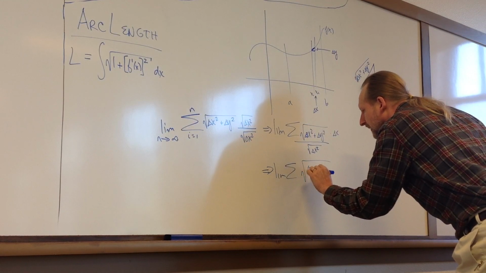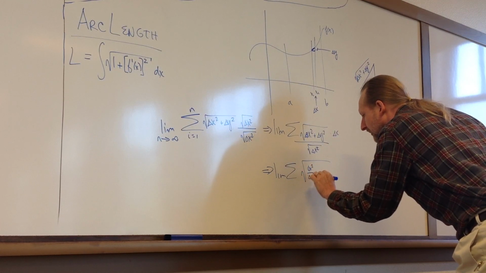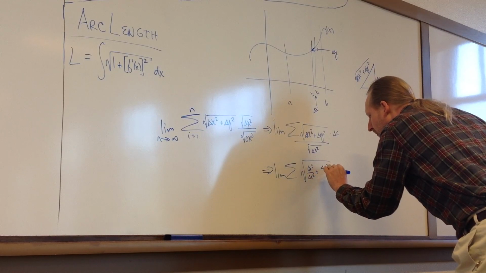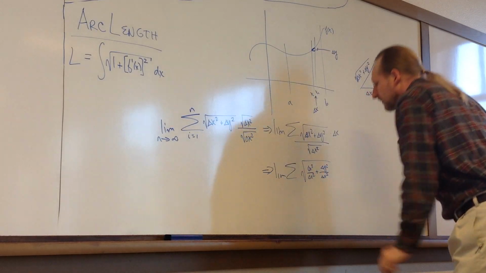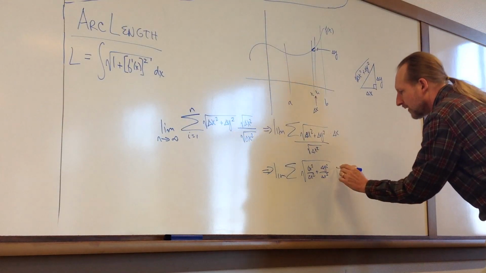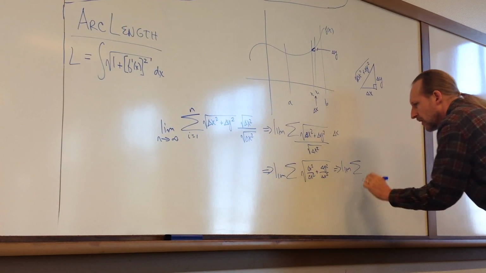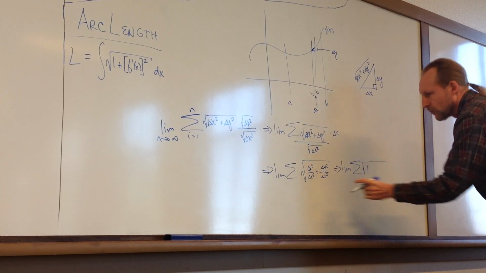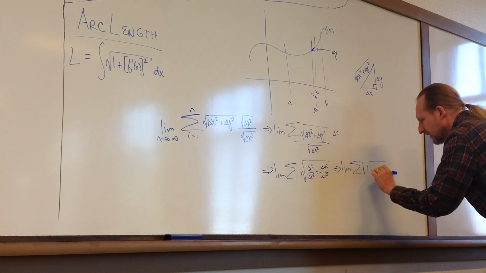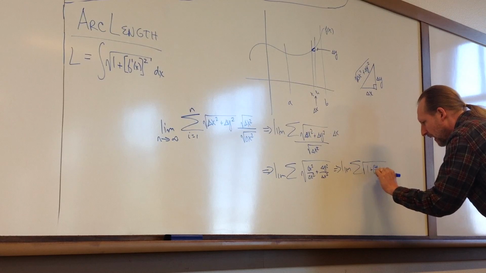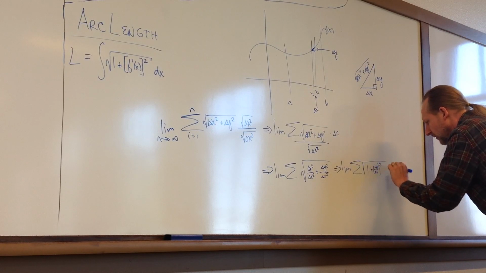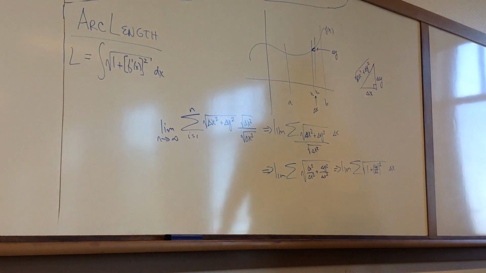This will be delta x squared over delta x squared, plus delta y squared over delta x squared. So here's the 1, inside the square root, and then this is delta y over delta x, all squared. And we've got a delta x out here.